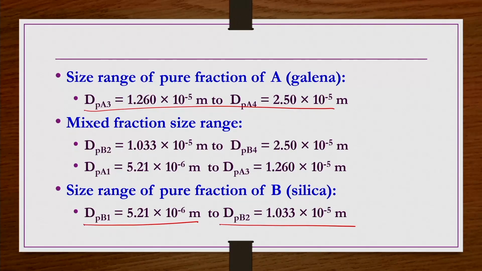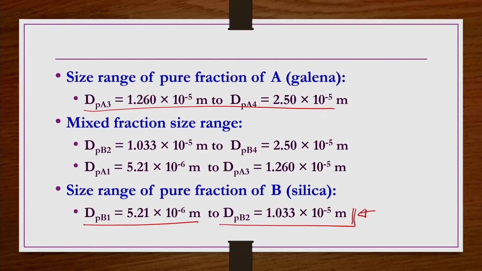finest particles, the smaller size particles, but lighter density material. So, they will form almost a pure B fraction at the top, because no A type particles are going to have a settling velocity as low as the particles of this range of B type particles.